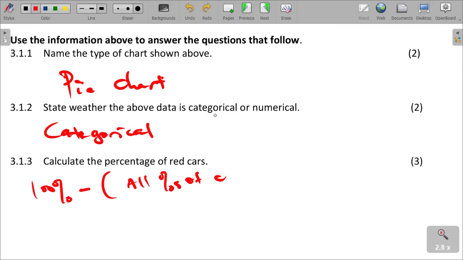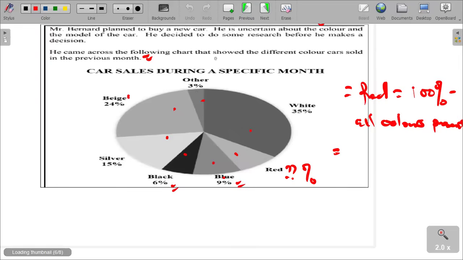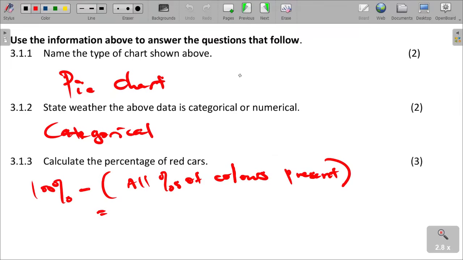We add all the percentages given: 35% plus 9% plus 6% plus 24% plus 15% plus 3%.